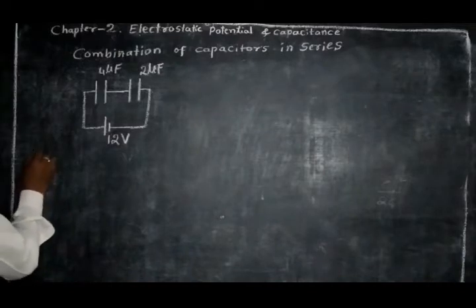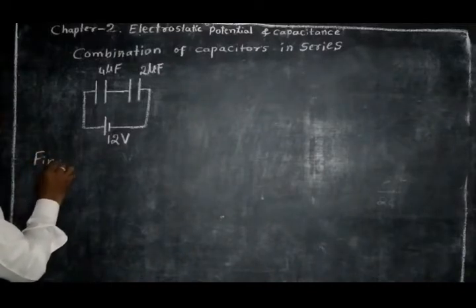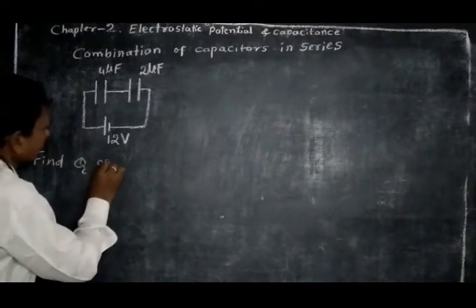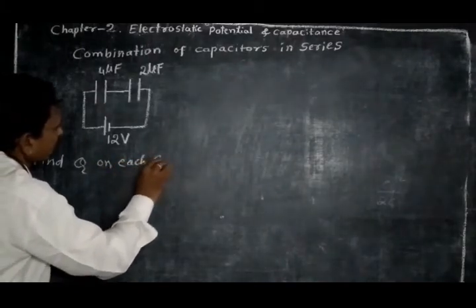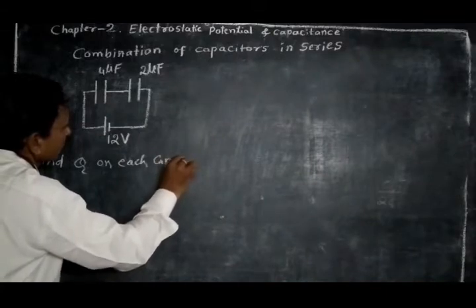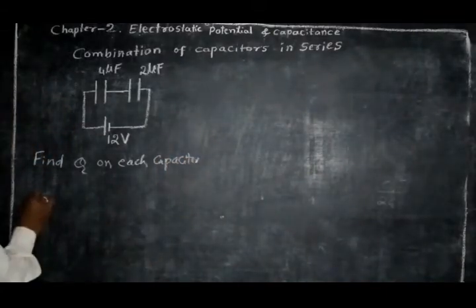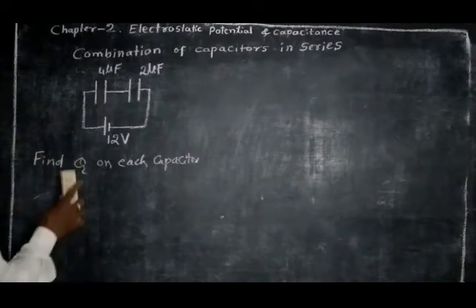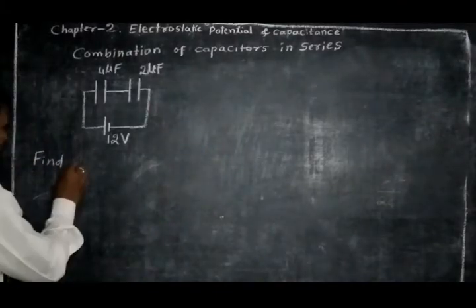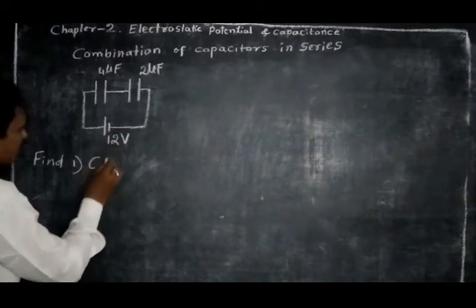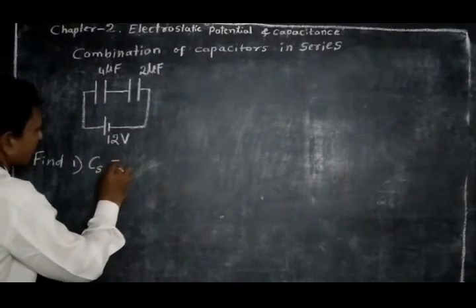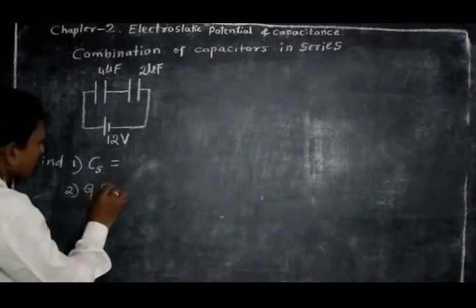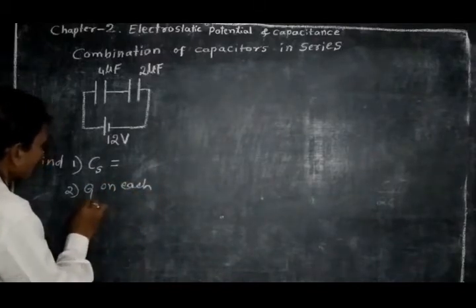Then find: number 1, first find equivalent capacitance; equivalent capacitance in series is given by Cs. Number 2, charge on each capacitor.